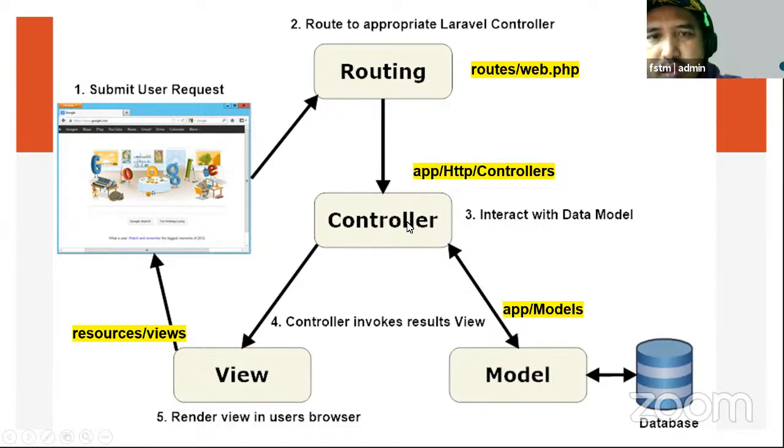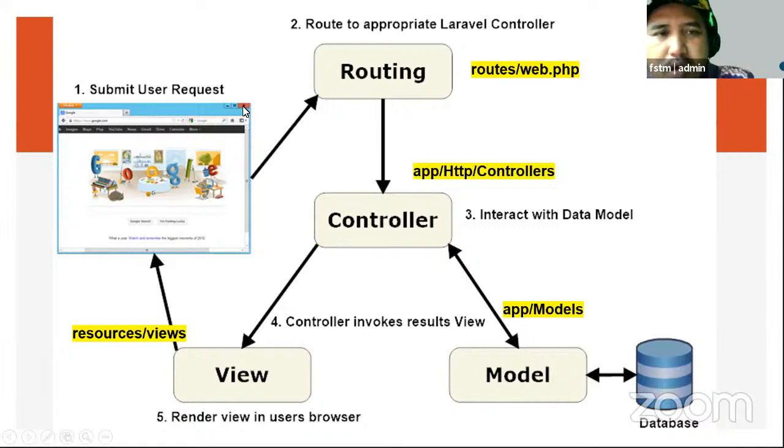Let's say the user searches for a specific record named Ali. So the user sends Ali through the routing.